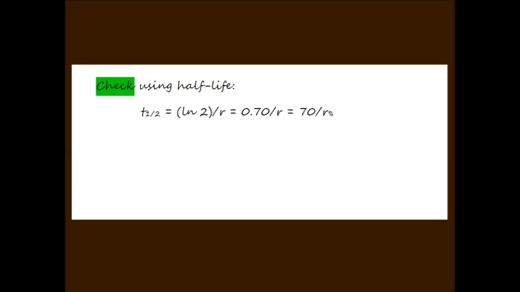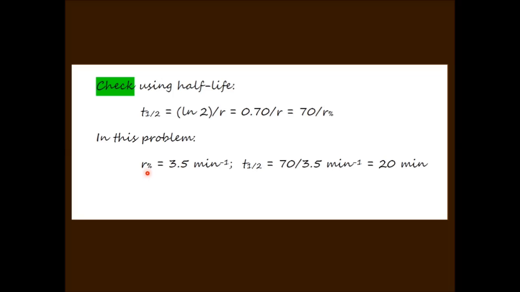An alternative way of obtaining the answer is to use the half-life. The half-life is trivially related to the decay rate. These are properties of the isotope. The relationship is that the half-life is equal to the ln of 2 divided by R. The ln of 2 is approximately 0.70, so we can say that the half-life is equal to 70 divided by the decay rate when expressed as a percentage.